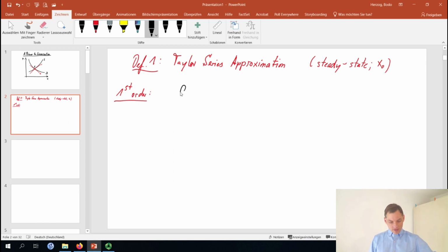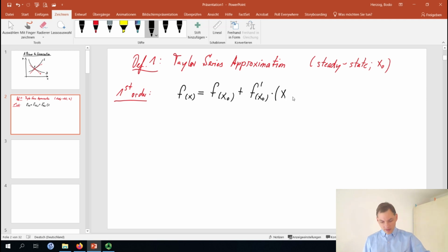The first order approximation looks as follows. We have a function, f of x, which is nonlinear, and now we linearize it by the following form. We take the function at our steady state point, plus we take the first derivative of this function at my steady state point. We multiply it with the difference of my current observation from steady state, x minus x0, and then we are basically finished.